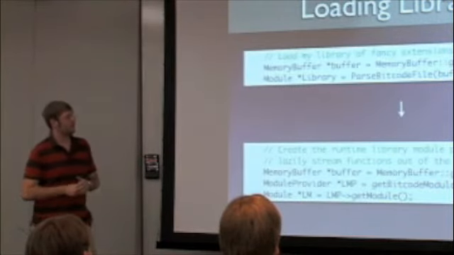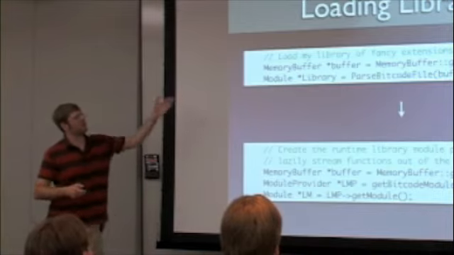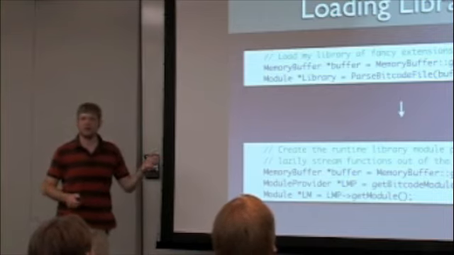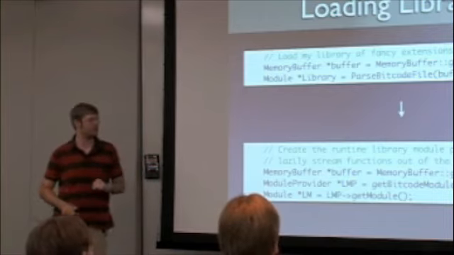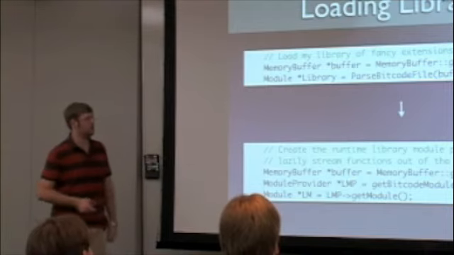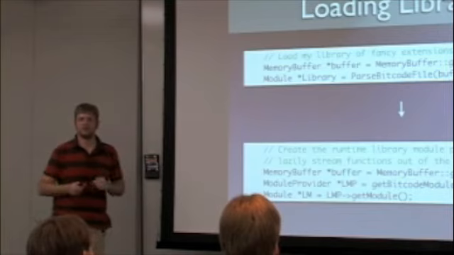So now, what does it look like now that we've got this thing? Well, that's what we had up above. And now here, we still need to operate on that module, to get functions out of it, to link it. So you can see the module provider here has a method called getModule that just hands us back the underlying module that's in the module provider.